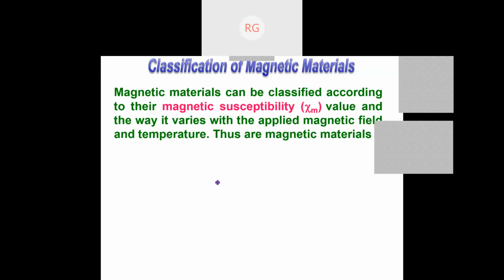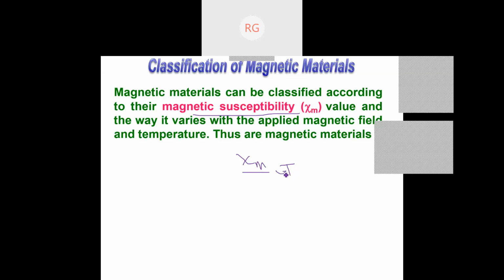One, depending on the magnetic susceptibility: is it small or large, negative or positive, small and negative, small and large, negative and large, something like that. Depending on the magnetic susceptibility of a given material, the magnetic materials can be classified into various types. And how the magnetic susceptibility changes with the temperature T, you can also classify them into categories.